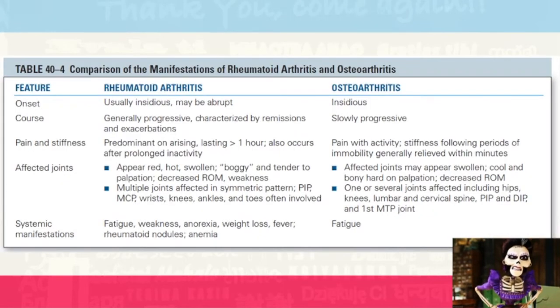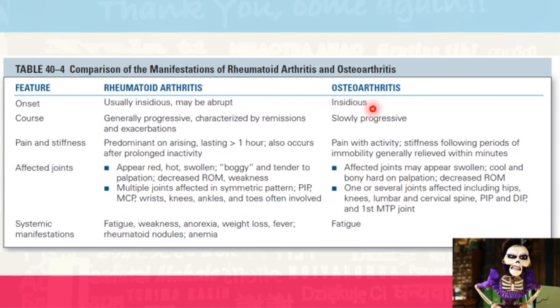This table would compare the difference between rheumatoid arthritis and osteoarthritis. So I hope that by this time you have the idea already that when I say osteoarthritis, it's degenerative. When I say rheumatoid arthritis, I'm talking about an autoimmune problem. Let's talk about osteoarthritis first. Osteoarthritis is said to be insidious, meaning it has slow onset, whereas rheumatoid arthritis may have a tendency to be abrupt.